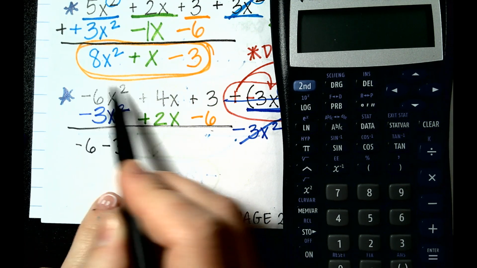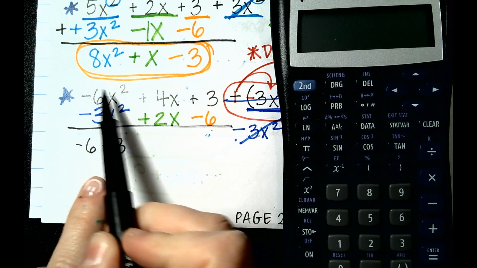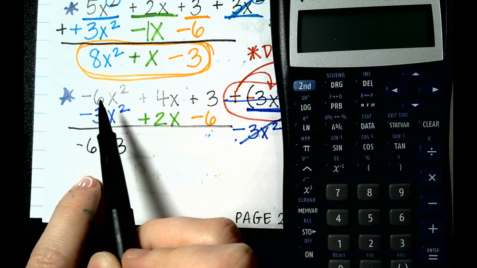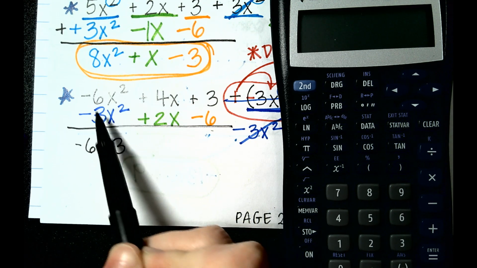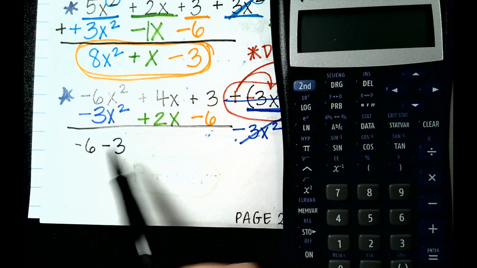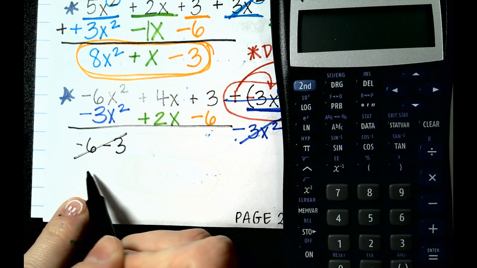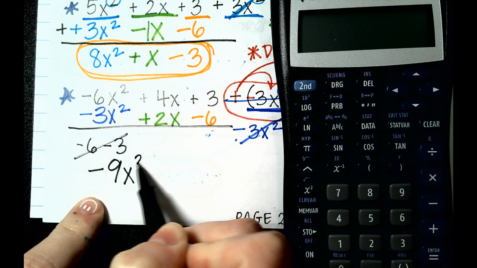Remember, if we have a negative and we subtract, we're going to get a bigger negative. It's like saying, I owe somebody $6. I have negative $6 in my bank account. If I give away $3 more, I'm not going to have more money. I'm going to have even less. Now I owe 9 instead of just 6. That debt gets even bigger.